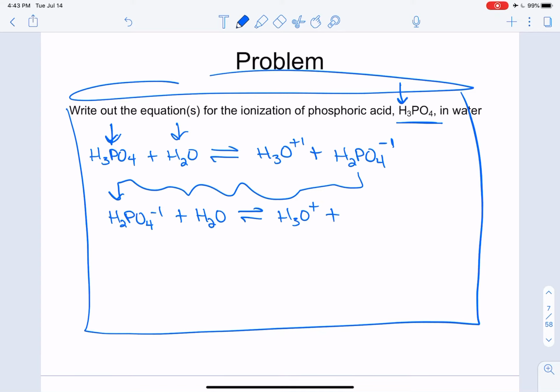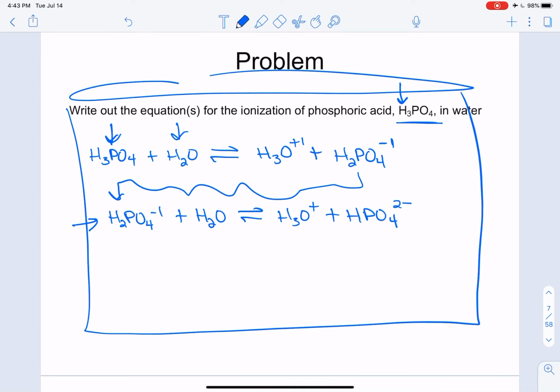And if H2PO4 minus loses an H plus, it goes to HPO4. And if H2PO4 minus 1 loses one of its positive charges, then it's going to end up as HPO4 with what charge? -2. Okay. Again, conservation of charge.